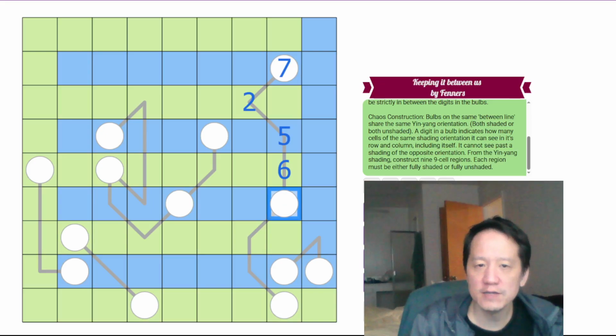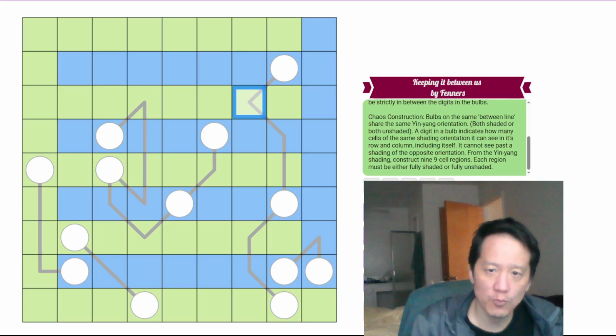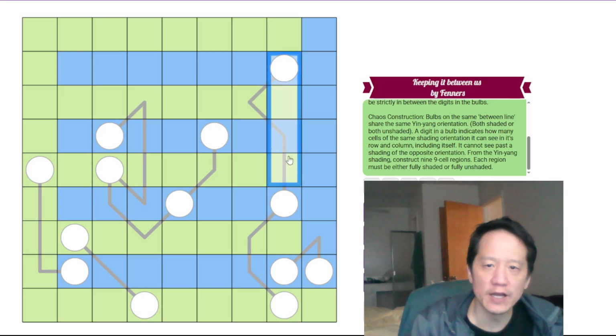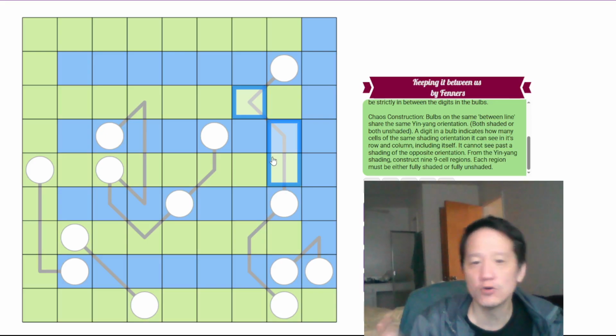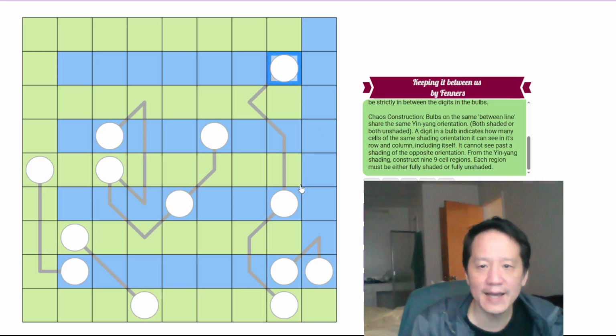And finally, we have the chaos construction rule set, where bulbs on the same between line share the same yin-yang orientation, both shaded or both unshaded. A digit in a bulb indicates how many cells of the same shading orientation it can see in its row and column, including itself.